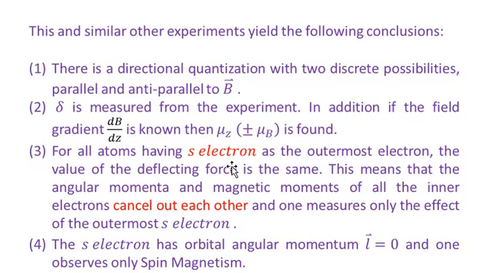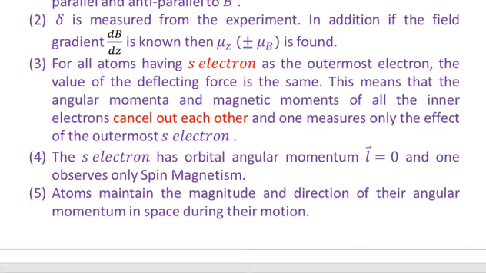For all atoms having s electrons as the outermost electron, the value of the deflecting force is the same. This means that the angular momenta and magnetic moments of all the inner electrons cancel each other. You know that there could be many inner electrons within an atom, outside of which the s electron is present. For all these inner electrons, the magnetic moments and the angular momentum cancel out each other, and one measures only the effect of the outermost s electron.